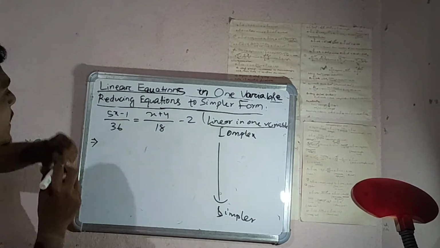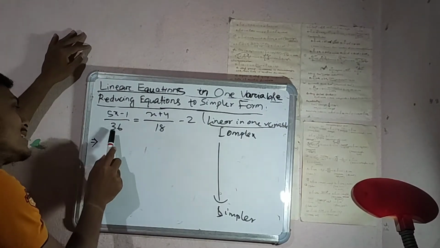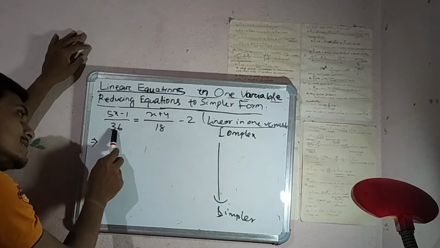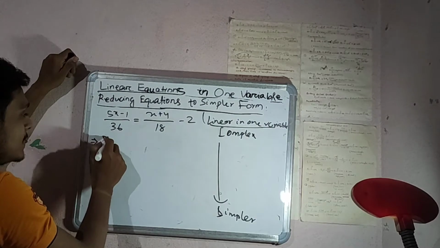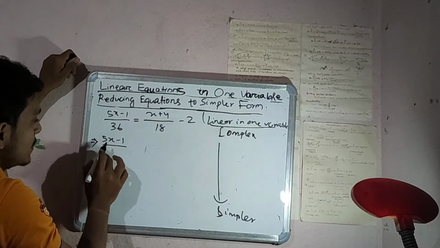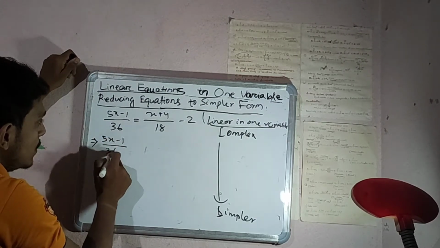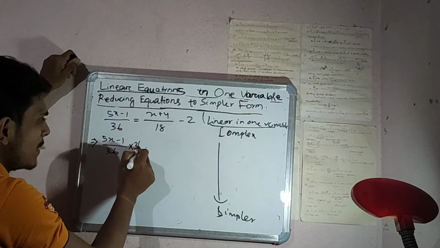Okay, see. So here I can say that 36 is dividing. So when I change the side, or simply, 36 is multiplied on both sides.